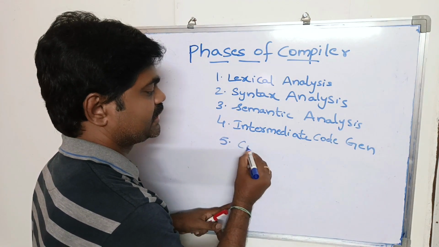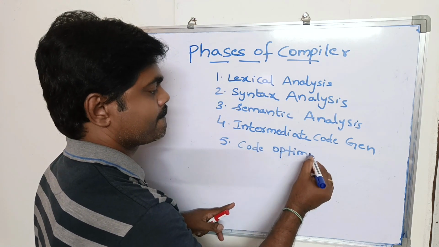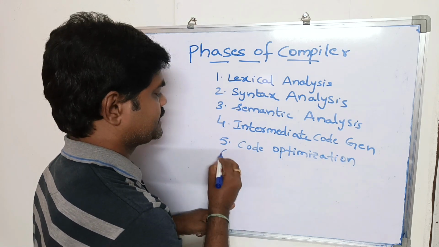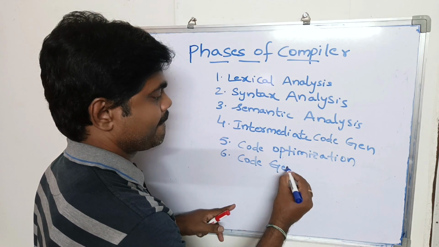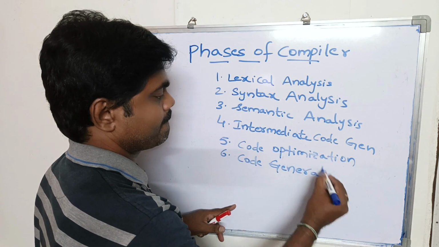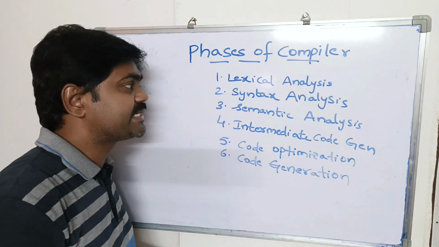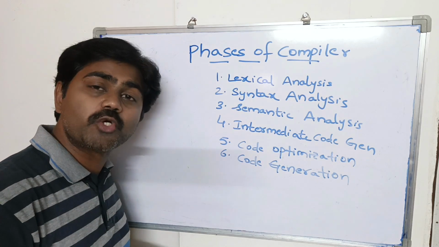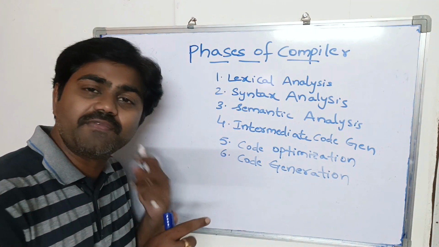Fifth one, code optimization. Sixth one, code generation. Lexical analysis, syntax analysis, semantic analysis, intermediate code generation, code optimization, code generation. So we'll discuss each one with a diagram.